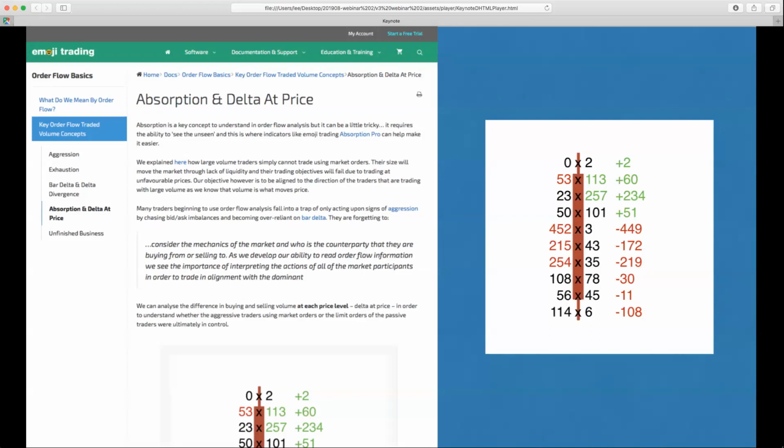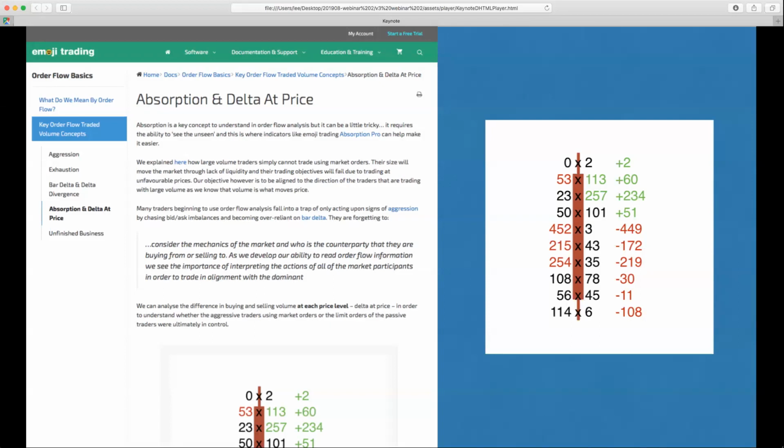We move up again, we move up again. But if aggressive orders cannot consume all of that liquidity, then by extension, the passive traders are absorbing the activity of the aggressive traders. And that's why it's called absorption.